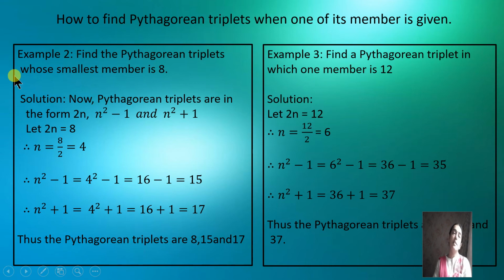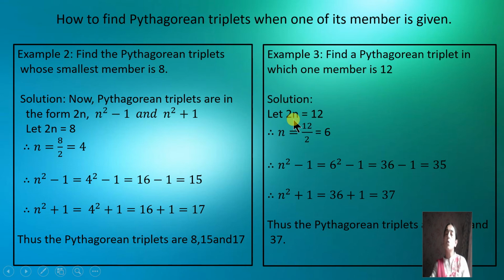Let's take another example to be more clear. Find a Pythagorean triplet in which one of the members is 12. So, we will always assume let 2n, smallest member is 12. It is not given that the smallest member is 12, but we will assume that 12 is the smallest member.